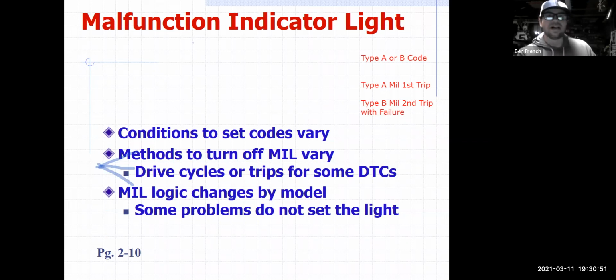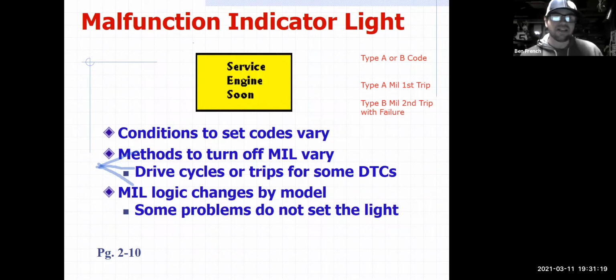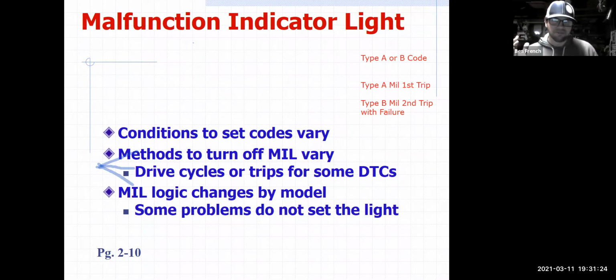So in the mid to late 90s, we were doing several reflashes. And of course, it doesn't tell you exactly what the reflash is going to do, the reprogramming of the computer. But my experience with it is a lot of times you reflashed or reprogrammed the computer, and now the thing wouldn't set a code to save its life. It could be running on 3 cylinders out of 6, and it didn't want to set a code. I think it boiled down to trying to keep the customer happy. Keep this light off at all possible, right?